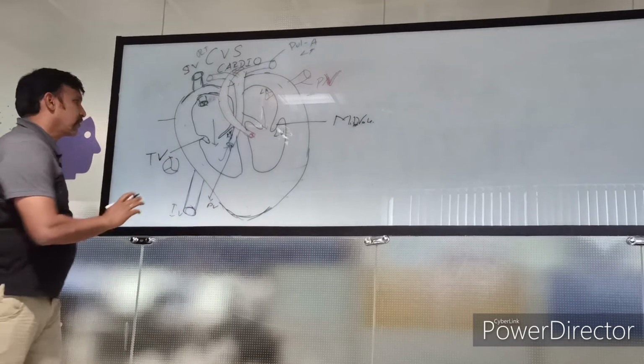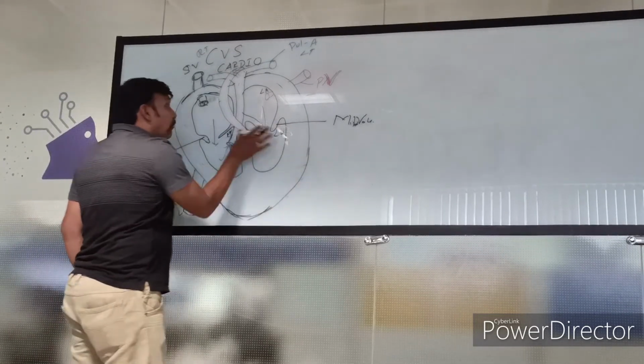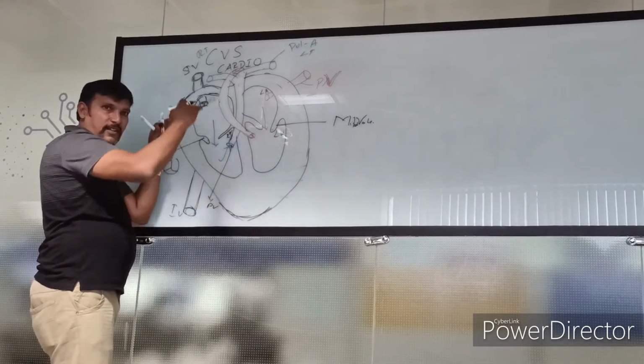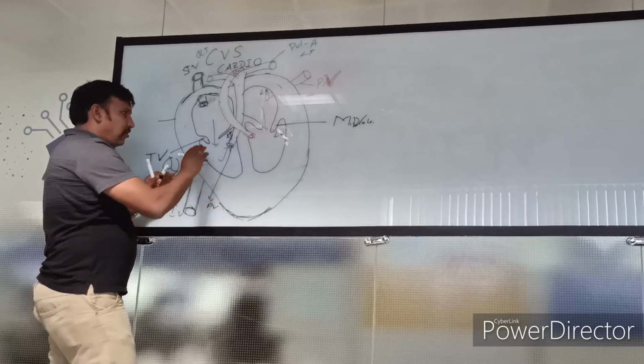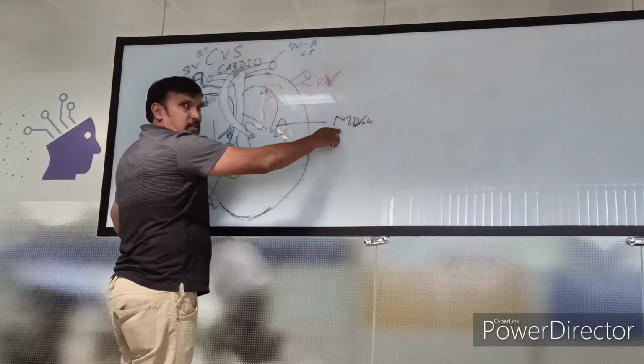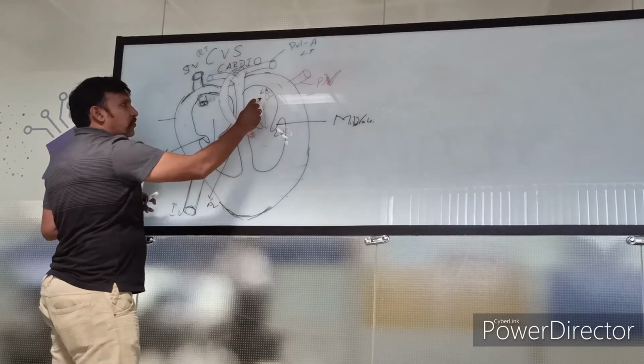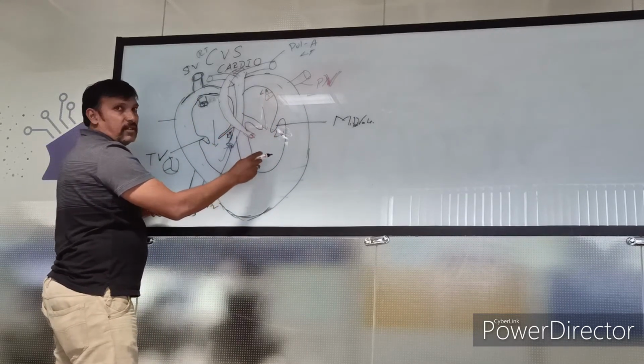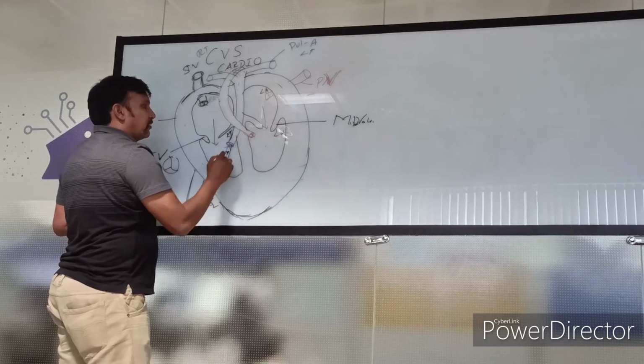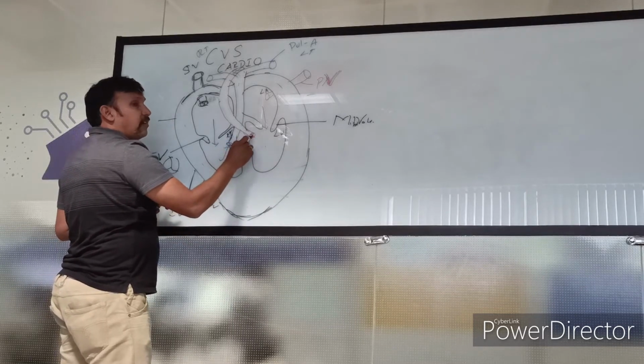MV. Tricuspid and mitral, both of them, will not happen separately. It will happen together. You understand? These two are partners. They open together and blood goes into the heart. The oxygenated blood goes from the left atrium to the left ventricle, and from there, the pulmonary valve and what is this valve?